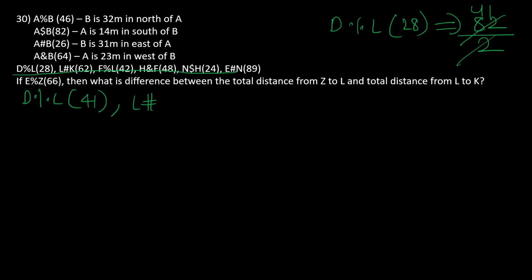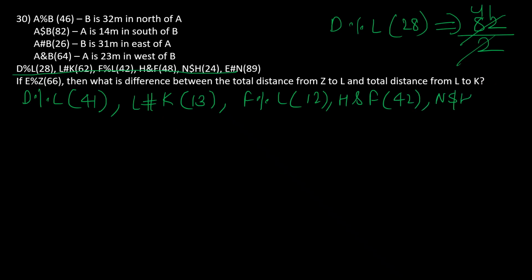L#K you'll get 13. F%L is 12. H@F you'll get 42. $H you will get 21. And E#N you will get 49.